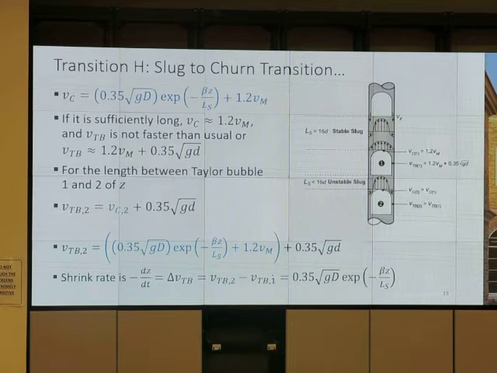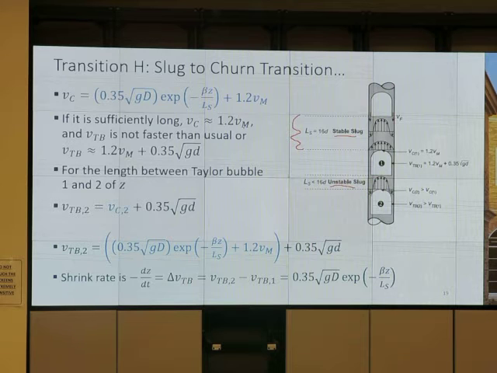So next step, we try to look at the case of the length itself. You see this stable slug, unstable slug. I put here that if it is sufficiently long, what is sufficiently long? That part is sufficiently long.